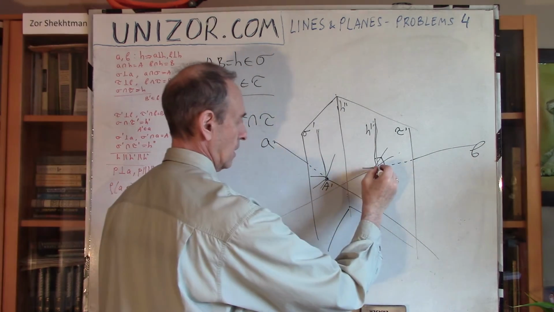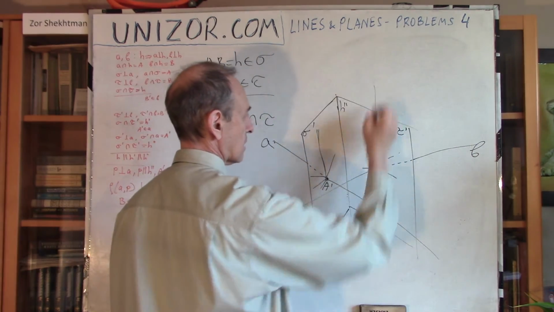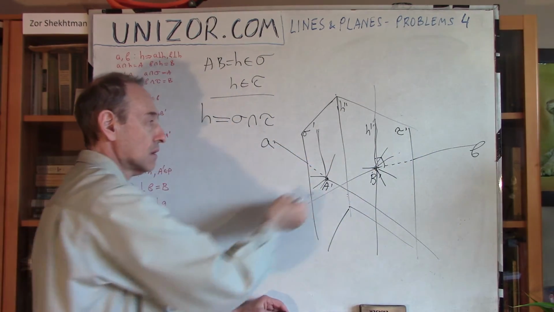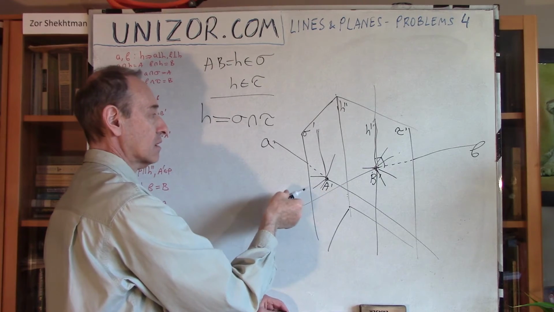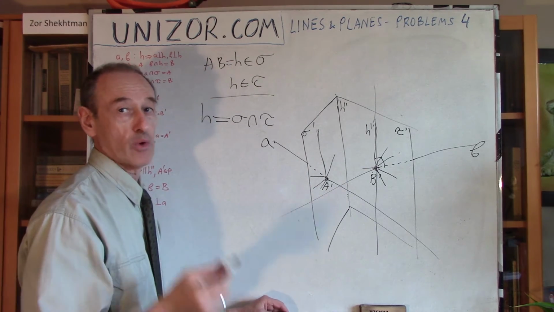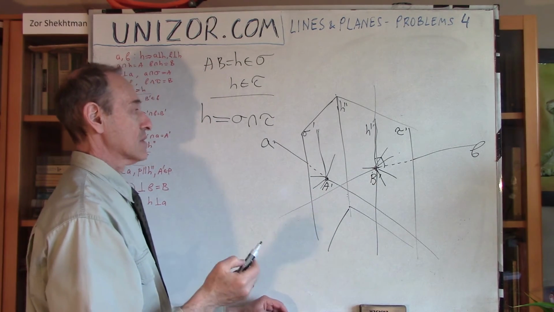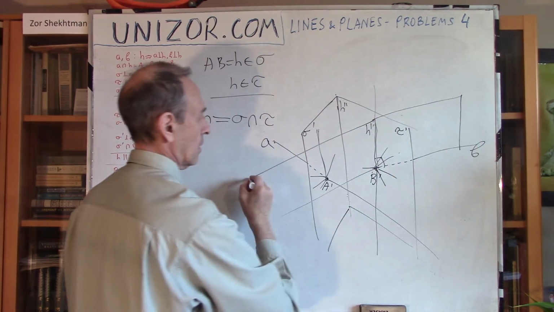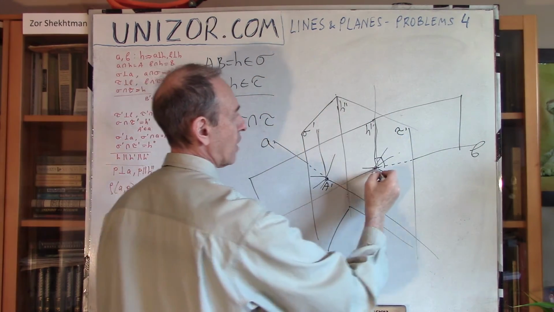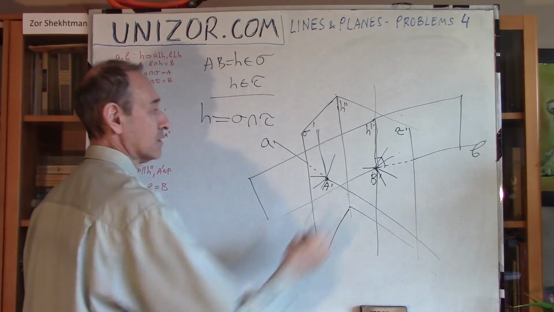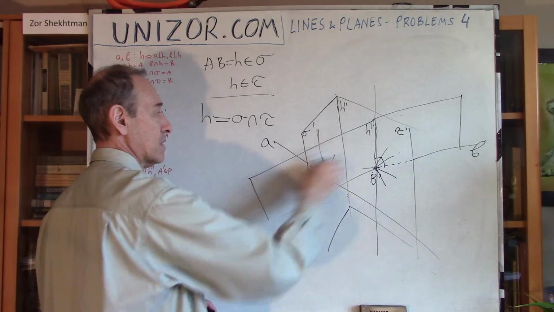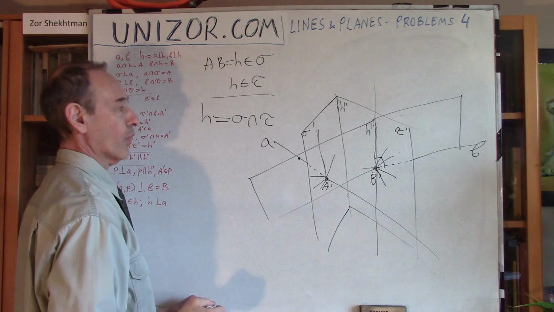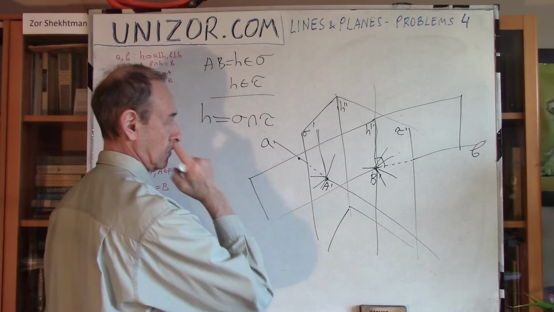Okay, fine. I found this line. It intersects B. Now I have to shift it along B until it will hit A. How can I do it? Well, very simply. Let's draw a plane which combines H prime and B, and within that plane, I mean, this plane should intersect A at some point, right?